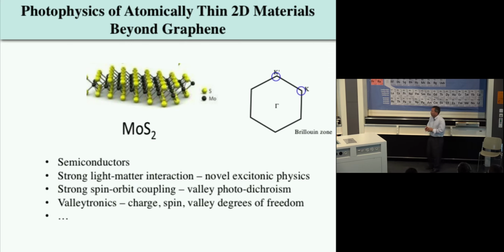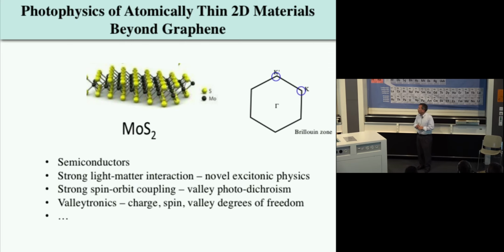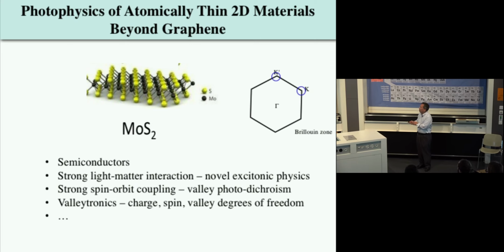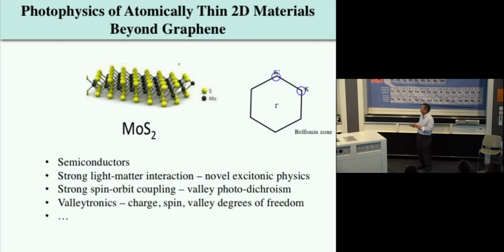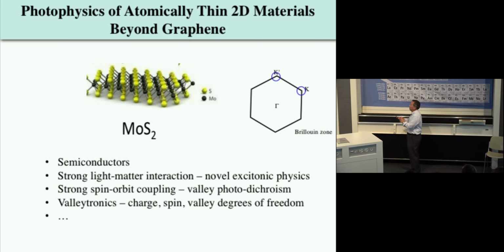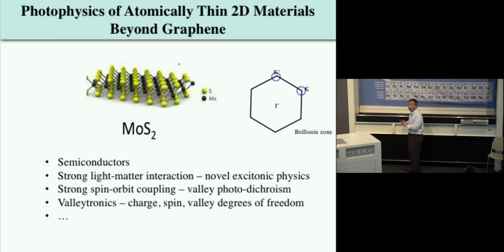Why people are interested in this system is that there are very strong light-matter interactions between the system and the electromagnetic wave, which lead to very interesting excitonic physics. And because of the large spin-orbit coupling, the spin texture of the states in, say, the K-prime valley is very different from that of the K valley.